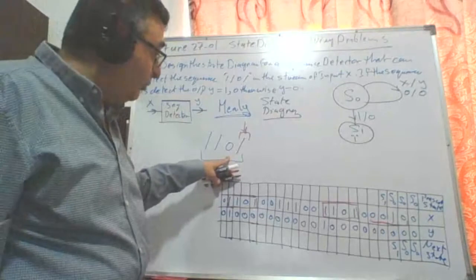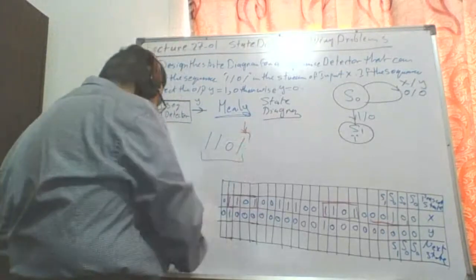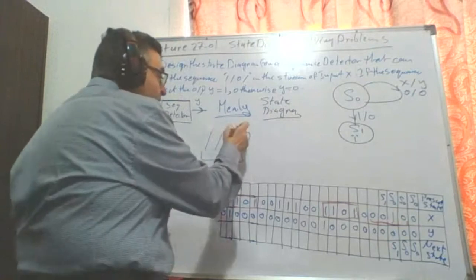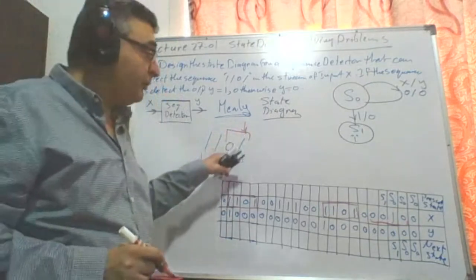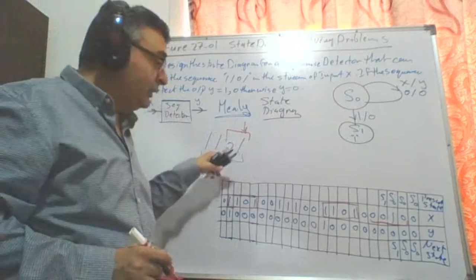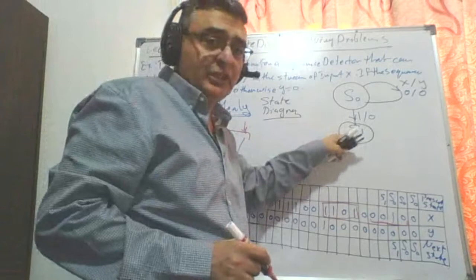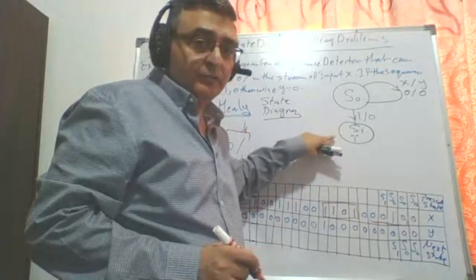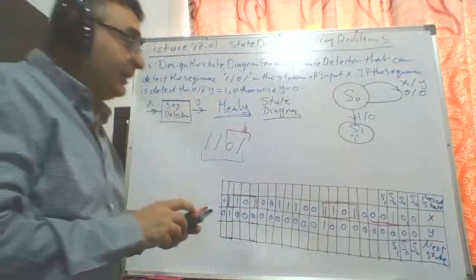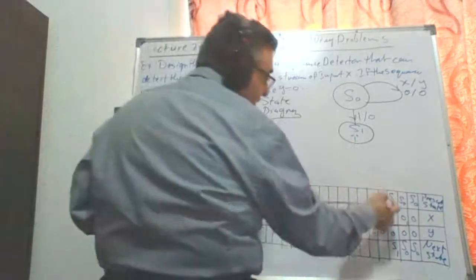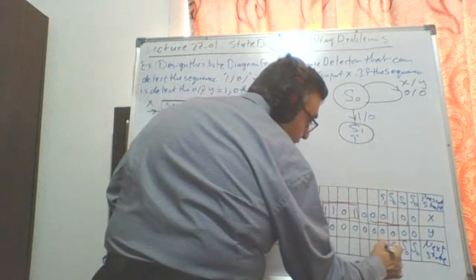So I want now to expand my history. I want to indicate now that I received 2 bits of my sequence, so I want to remember that I received 1, 0. So I cannot stay in this state, because this state remembers only the first 1. So I cannot stay in S1. I have to go to S2.